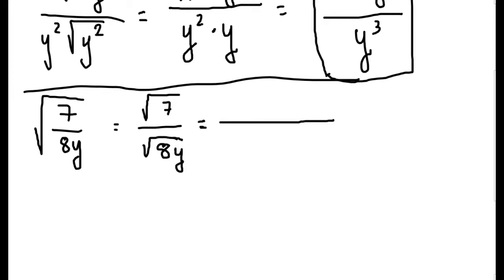So, what do you guys think? Well, if you times the 8 by 2, you'd get 16y, but if you times the 7 by 2, you get 14. Right, and we don't care what happens in the numerator. It doesn't matter. We're only worried about that denominator.